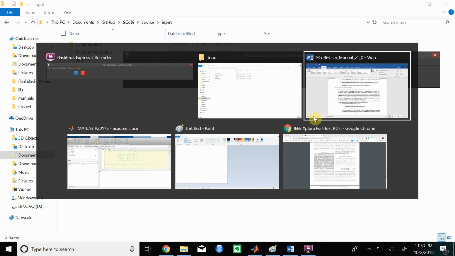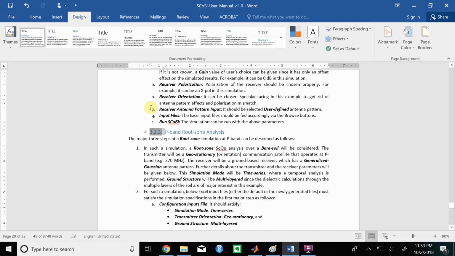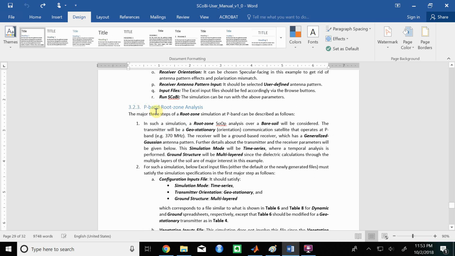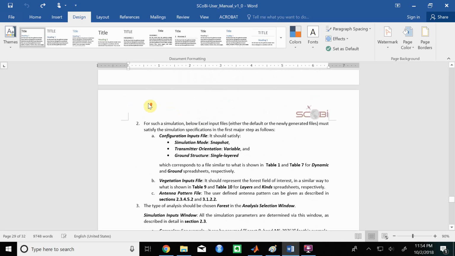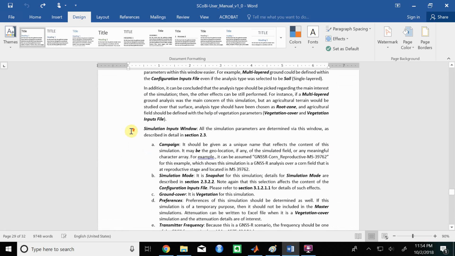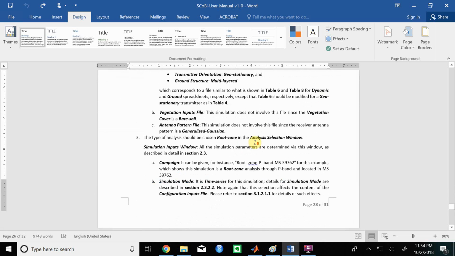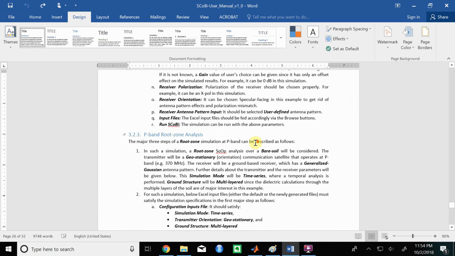This is the last video covering the brief tutorials on the simulation workflow, discussing how to think about setting up your own configuration inputs while using SCoBi.